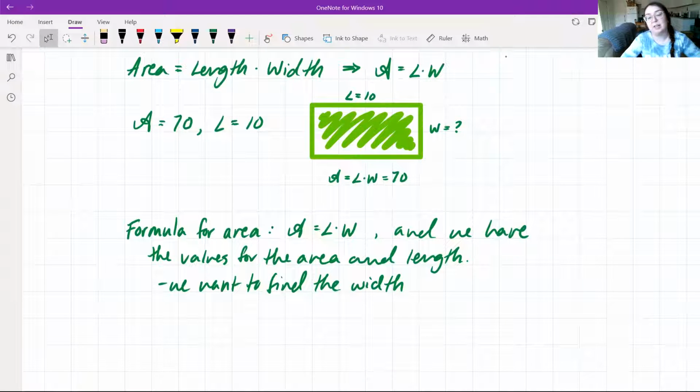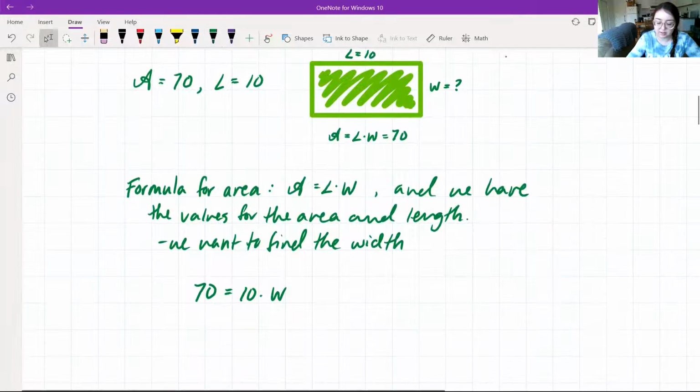Knowing that our area equals length times width, we can plug these values in. So instead of A is equal to L times W, we're going to have 70 is equal to 10 times W. Then we just want to solve for W. In order to isolate a variable, like we've done in our last few sections, we can use our multiplication property of equality and divide each side by 10.